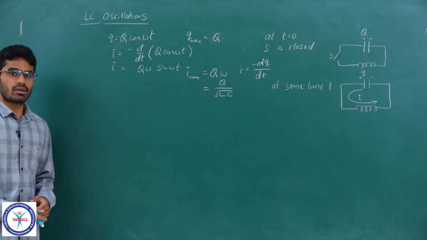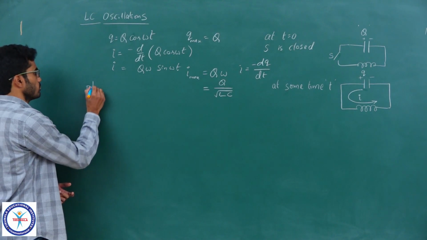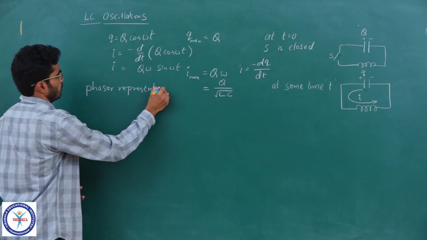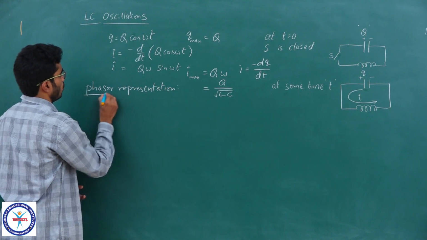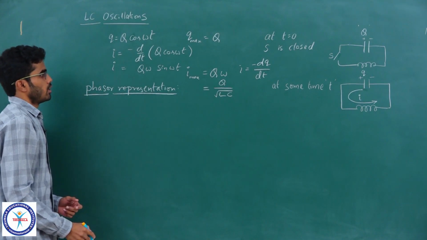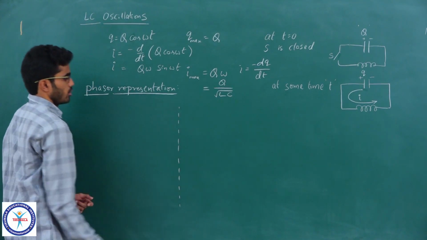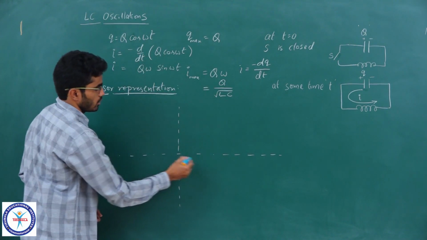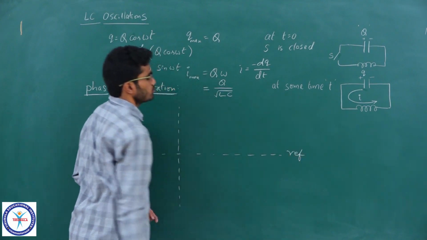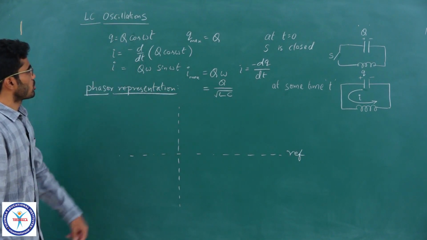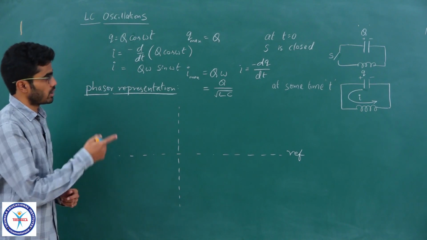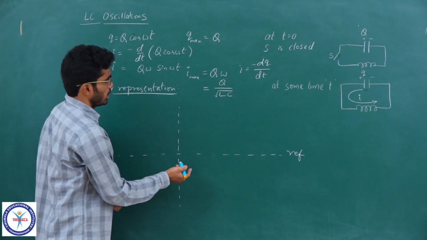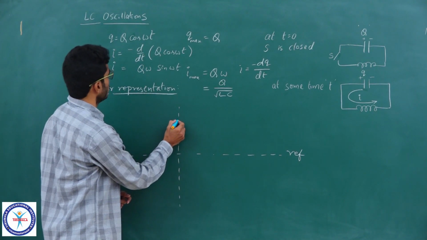Now let us understand these equations in phasors. I am making use of a horizontal line as the reference here. So if you draw the phasor of this equation for the charge on the capacitor, it is a cos omega t function. So at t equals 0, you will get the maximum value.